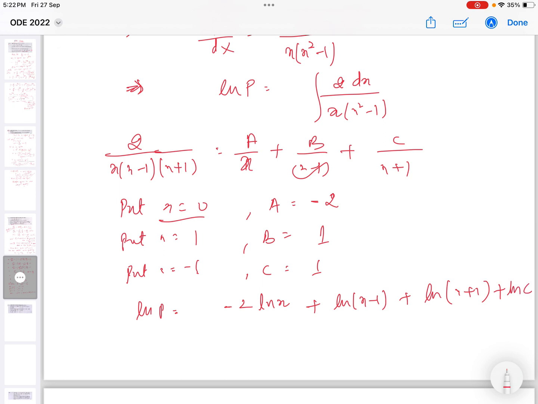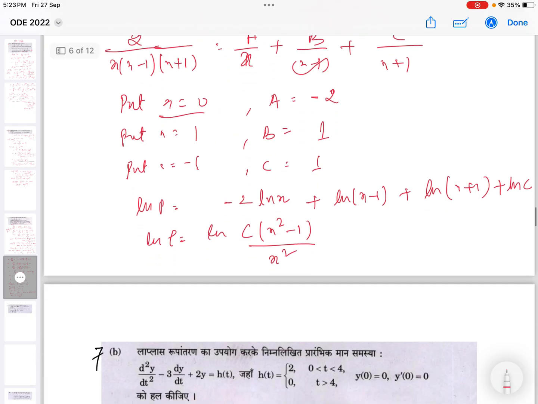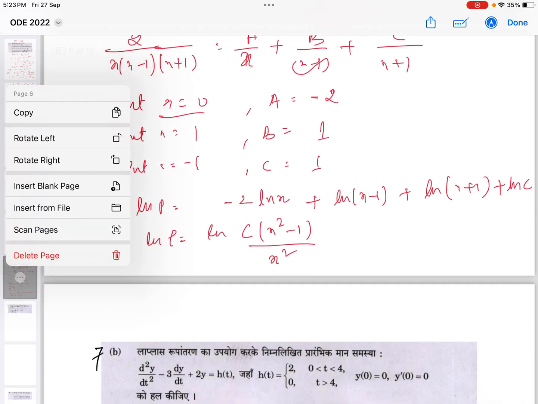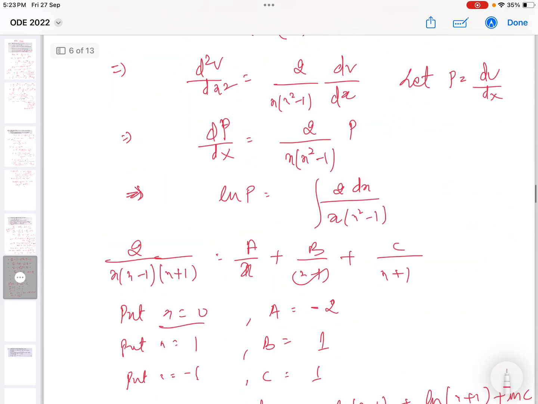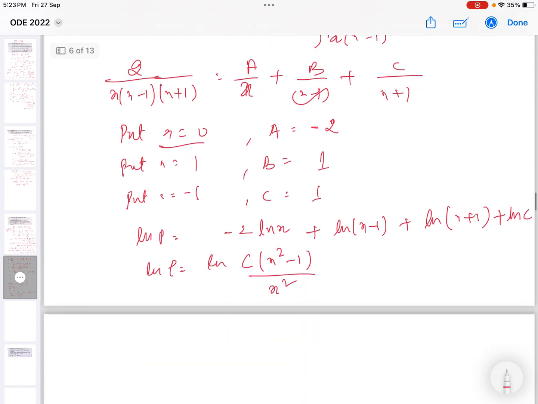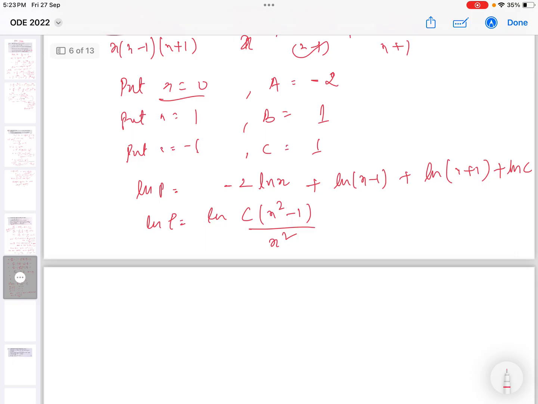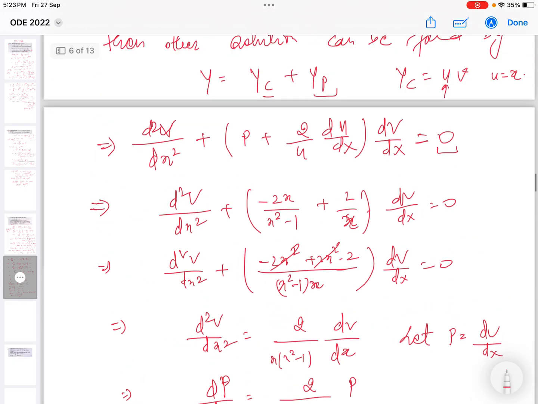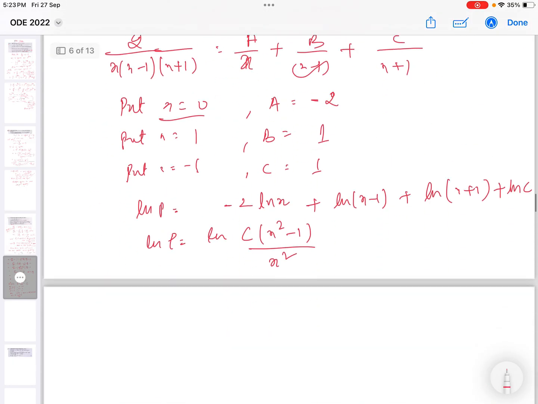Let the constant be c. ln p is equals to ln c times x squared minus 1 over x squared. This is a 15 marker, so we can take 3 cases now. Okay, so then p comes out to be nothing but c times x squared minus 1 over x squared.